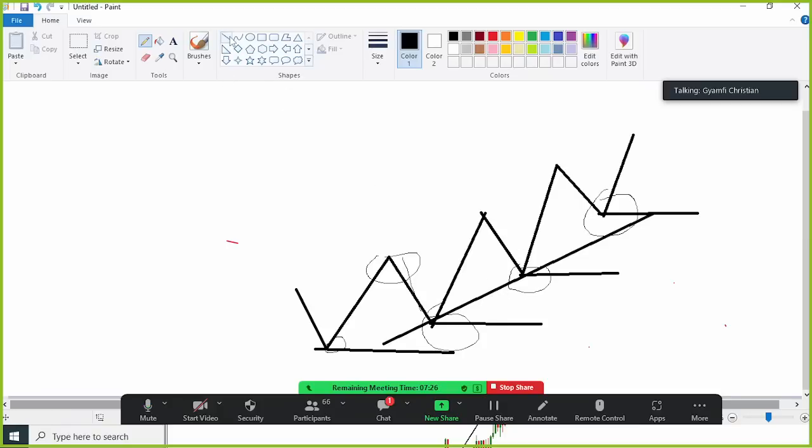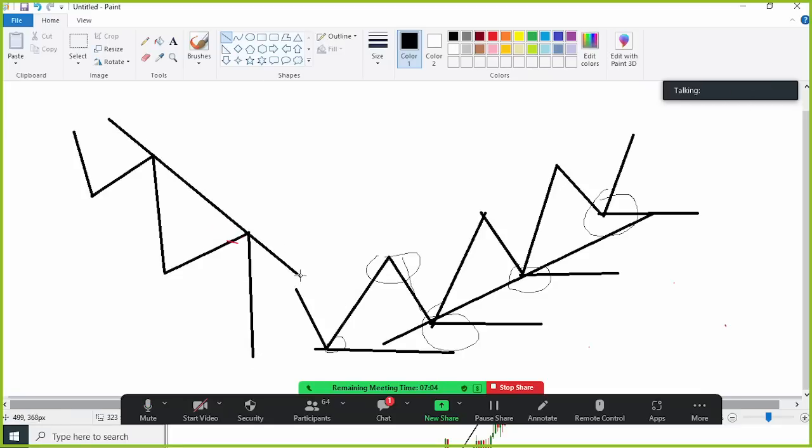And if you want to consider a downtrend as well, we have our resistance here. This is a resistance level. This is another resistance over here.